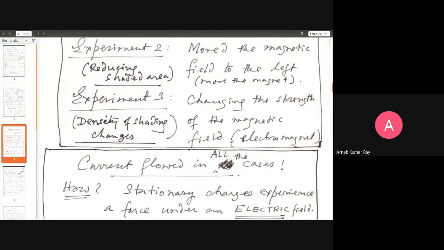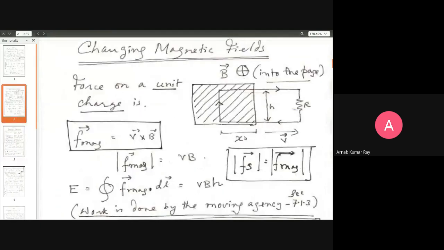What is happening over here? Current should not be flowing because the charges are not moving. If the charges don't have any velocity, there is no question of experiencing a magnetic force. This v is 0 in all the charges. The wire loop is where it is.